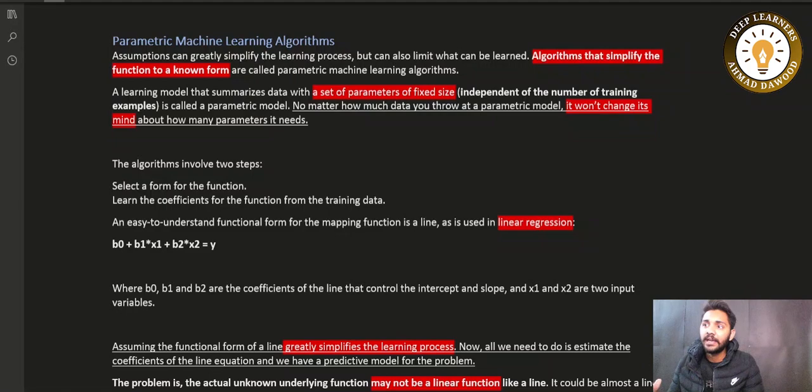On the other hand, the non-parametric approach doesn't make any assumption; it lets the model find out by itself what relation exists between inputs and outputs. So it totally depends upon your training instances. Both approaches have their own advantages and disadvantages. We will see them one by one.